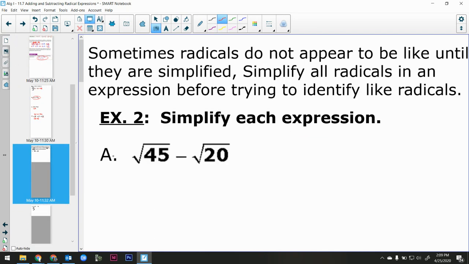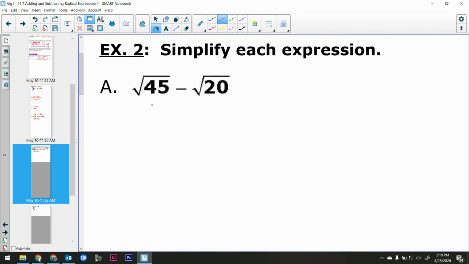Now, sometimes radicals do not appear to be like until you simplify them, okay? So like radical 45, I know I can do something with radical 45 because if I break that down, that's 5 times 9 and then 3 times 3, right? So that means that that is 3 times 3 times 5, or 3 radical 5.